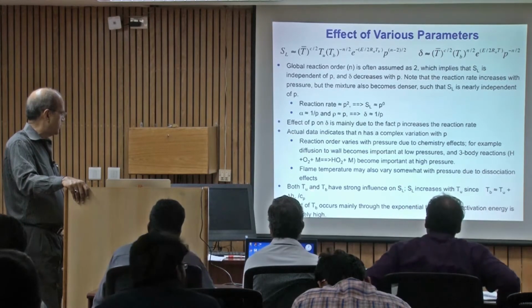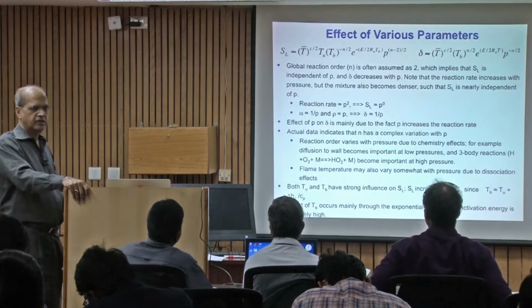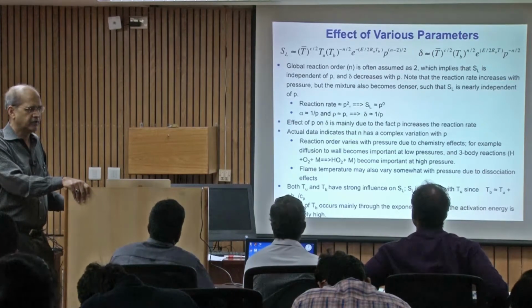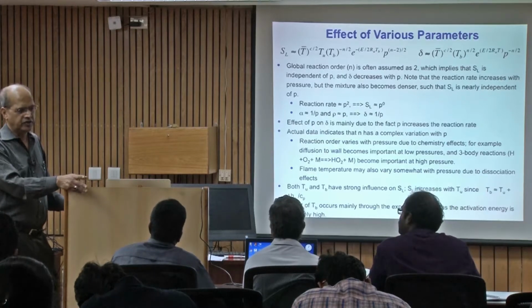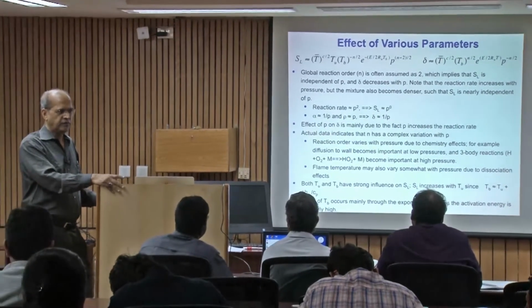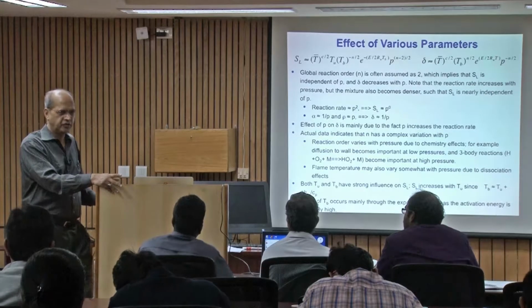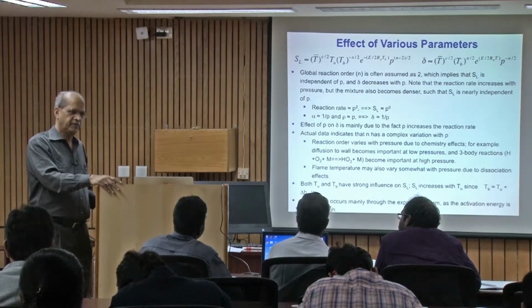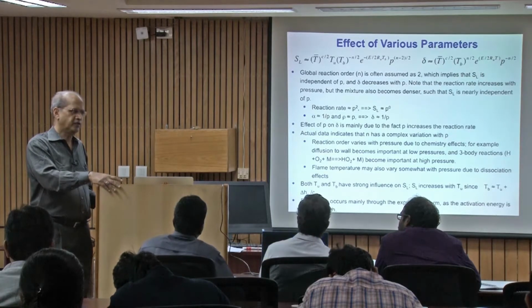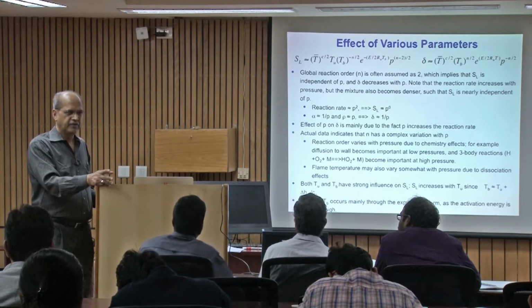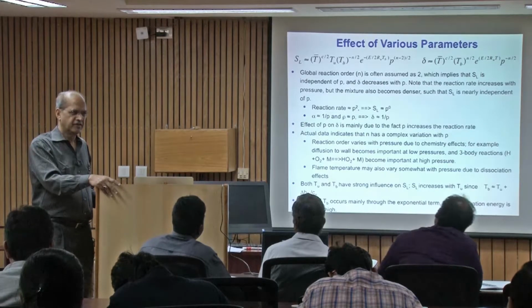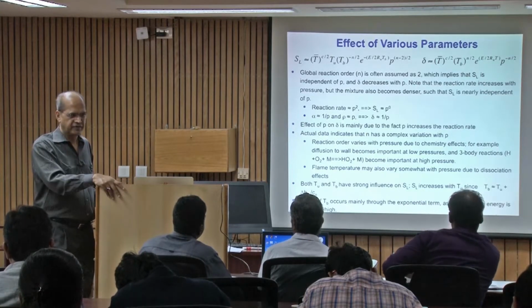Because if you increase the initial temperature, what happens to the adiabatic flame temperature? That will also increase. If the adiabatic flame temperature is 2000, and your unburned mixture temperature goes from 300 to 600, then your adiabatic flame temperature will also increase by 300. So that will increase the flame speed.